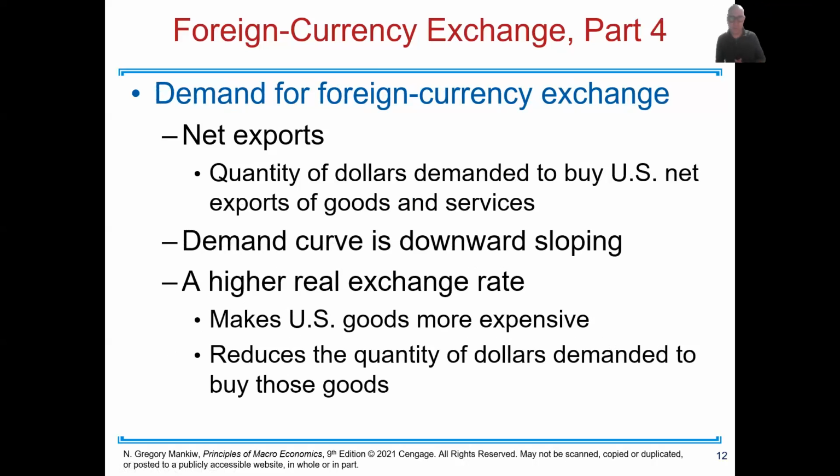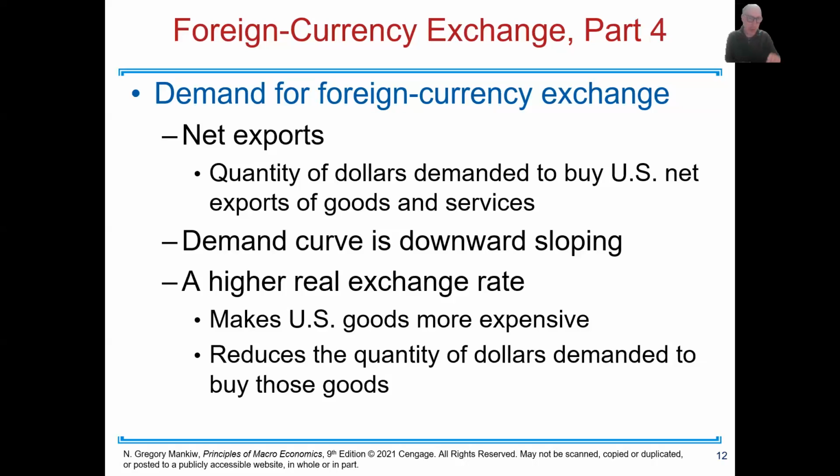What about the demand? The demand is based off of net exports. The quantity of US dollars demanded to buy US net exports of goods and services. So the demand is based off of net exports, and it's also based off of the exchange rate. Demand, as usual, is downward sloping to the right, supply is upward sloping to the right, and then there's a point of equilibrium, which we'll get to here in a second.